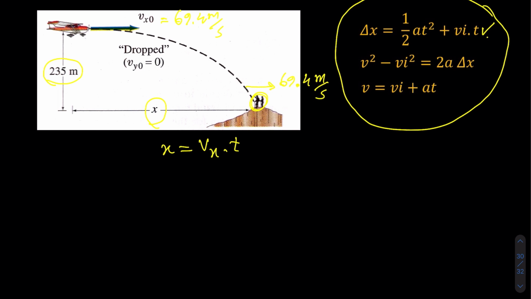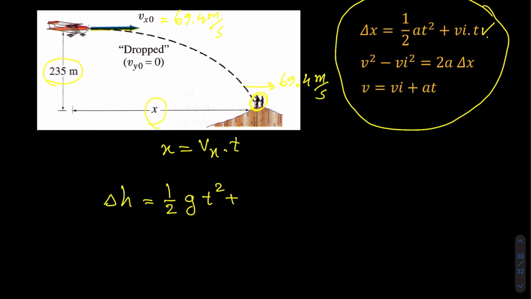We will use the first kinematic equation, and I will rearrange it in a way that suits vertical analysis. So that will be delta H instead of x, because I'm talking about H now, is equal to a half of g times t to the power of 2 plus V initial times t.